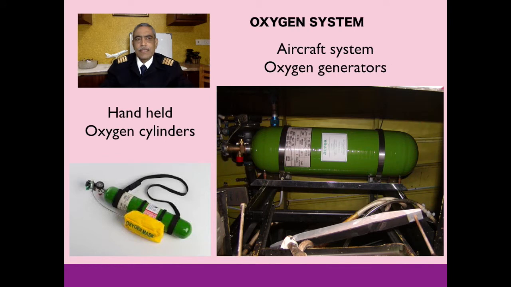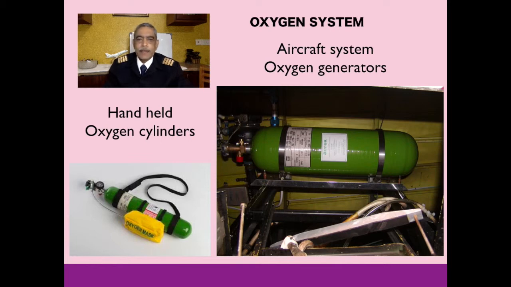The next system which I want to talk about is the oxygen system. I'm sure you all well understand the need for it. You all must have traveled in planes, and you all, I'm sure, know that should there be a need due to cabin pressure drop, the oxygen mask will drop automatically from overhead panels and we can use oxygen.